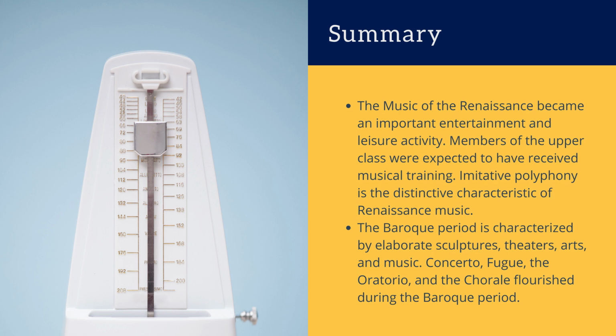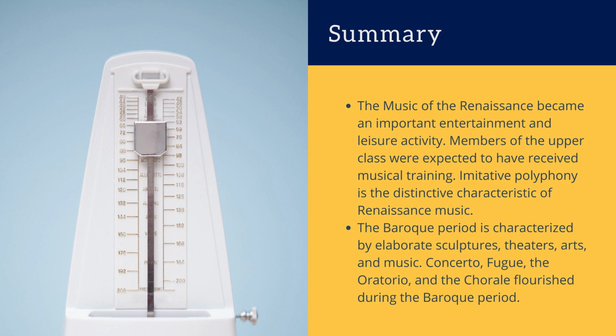The music of the Renaissance period, on the other hand, became an important entertainment and leisure activity. So kung sa medieval era is more on sacred music, sa time ng Renaissance period, it's more on secular music. Members of the upper class were expected to have received musical training, and polyphony was invented during that time.